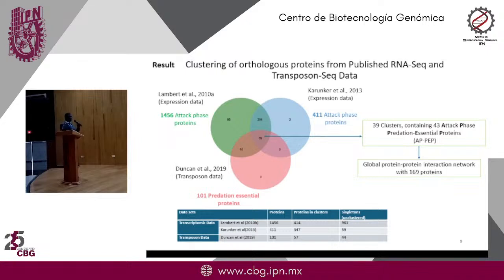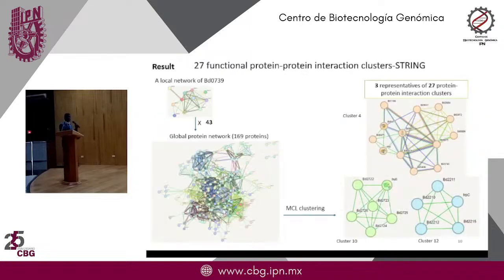Here is a summary of the input proteins and the protein clusters, which are the sum of all these circles, and the singletons, the proteins that did not cluster at all in this OrthoVenn cluster. We took these 43 proteins and used each of them as an input query for STRING, and so we had 43 local protein interaction networks.